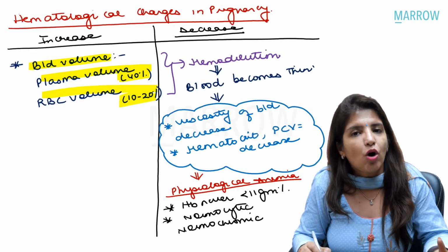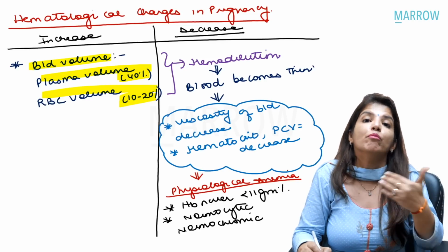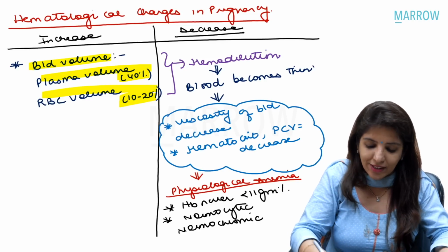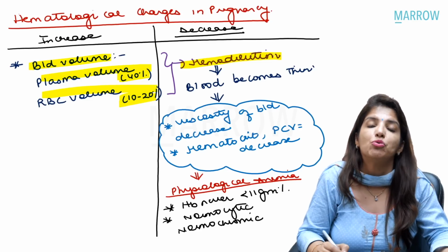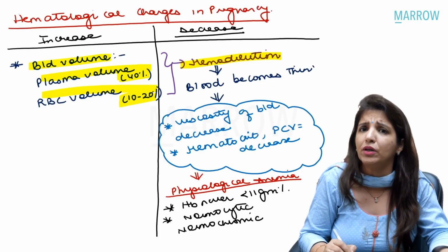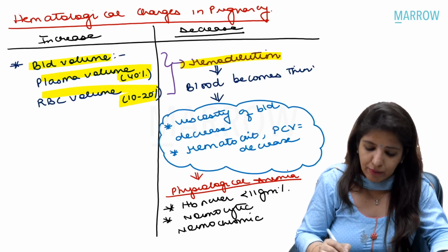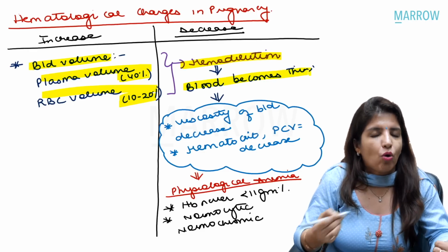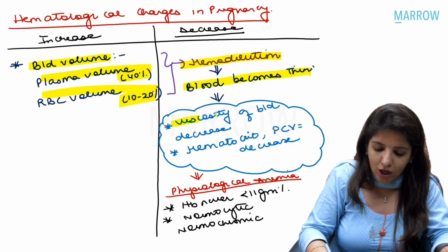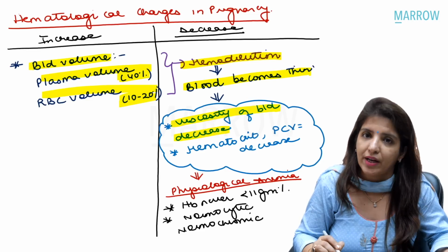So the liquid component of the blood is increasing more than the solid component, and that is why there is hemodilution in pregnancy. In other words, blood becomes thin in pregnancy.